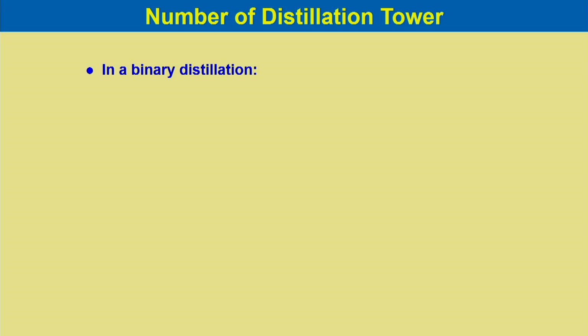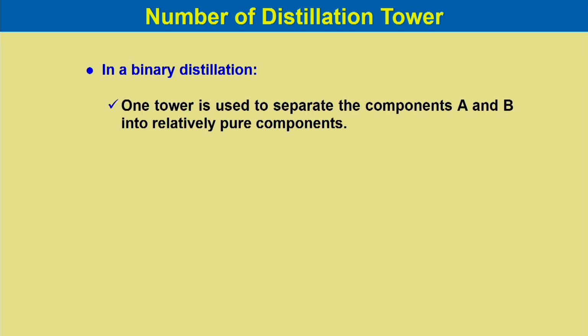Now, the number of distillation towers. In a binary distillation, as we know, one tower is used to separate the components A and B into relatively pure components. So, we generally use one tower having several trays which can separate the binary mixture into relatively pure component fractions.